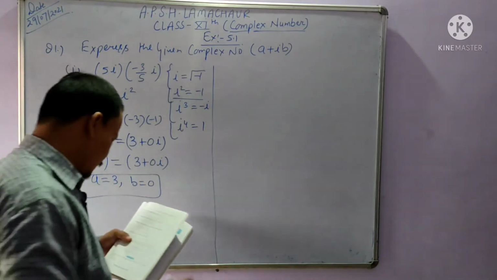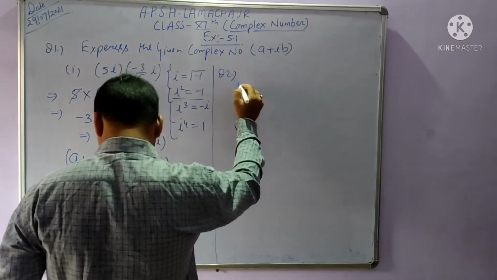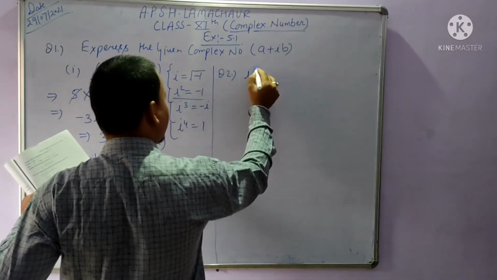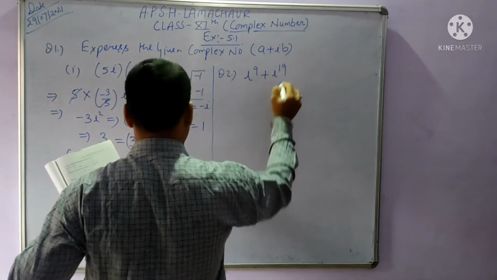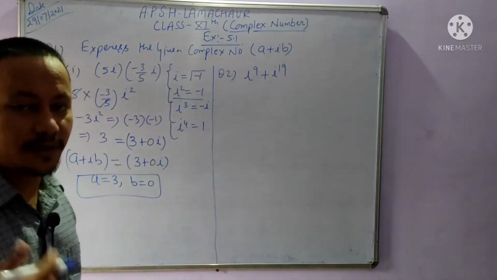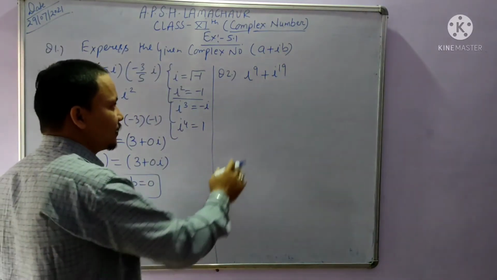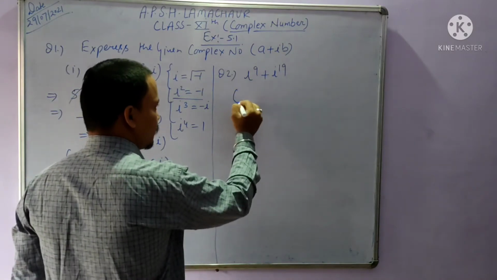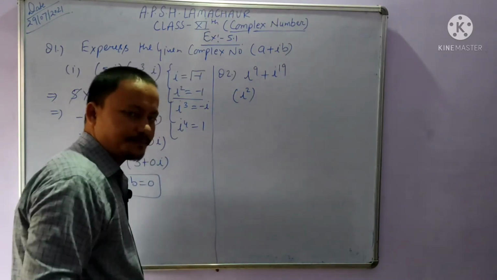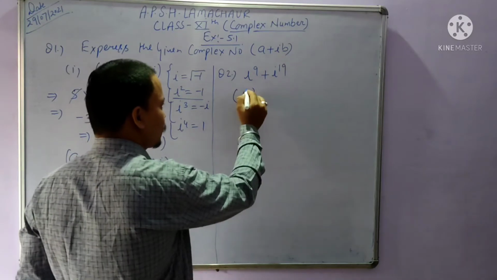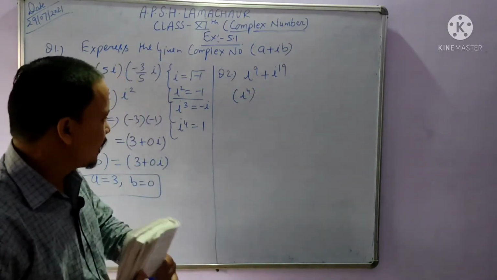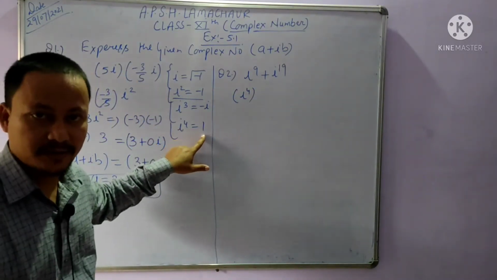And see the next question, question number 2. We have given i to the power 9 plus iota to the power 19, and we have to convert it into the form of a plus ib. So I will break it in the form of multiples of 4, because we know that iota to the power 4 gives you unity.